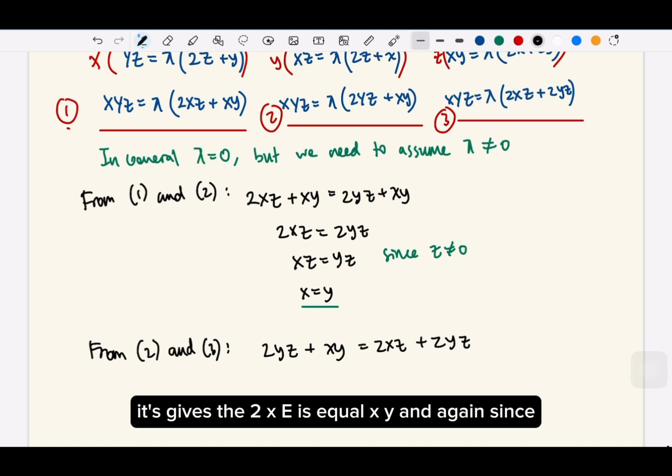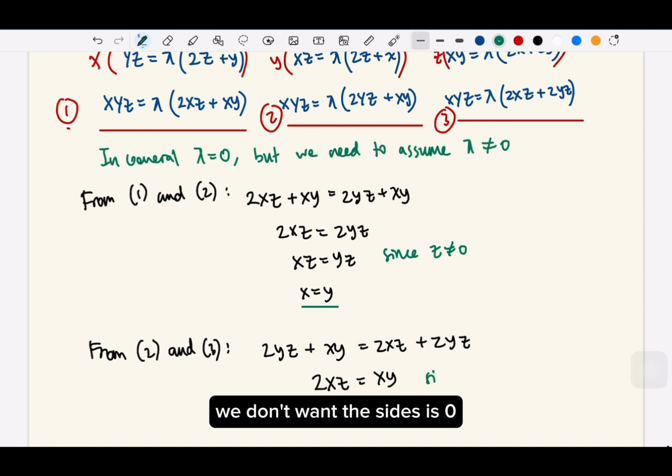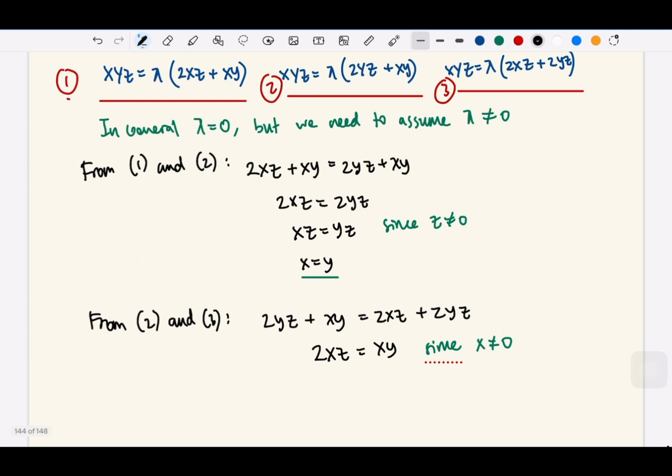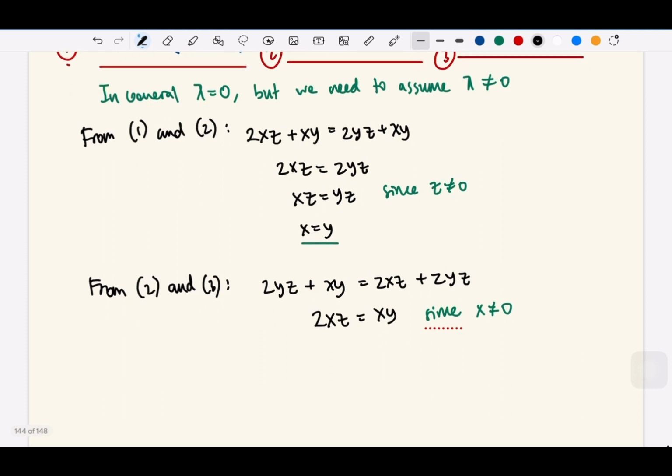It gives 2xz equal to xy. And again, since we don't want the sides to be 0, we need to make sure that we write that it's not equal to 0. So then we can cancel, right? And then this will be y equal to z. Okay.